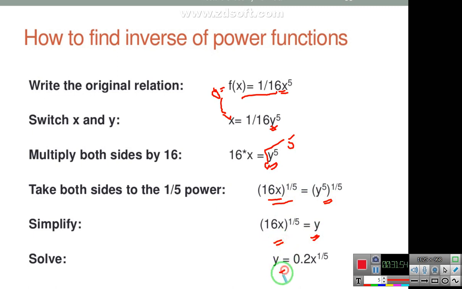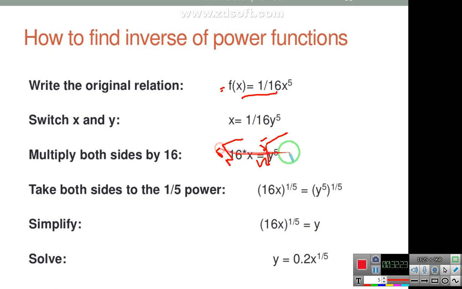Hope you guys know how you can find this kind of example. If you have a 5 here, you can take a square. When you are taking the square of this one from here, you can solve this example. Like you have 5, so you can take the root of 5 on both sides.